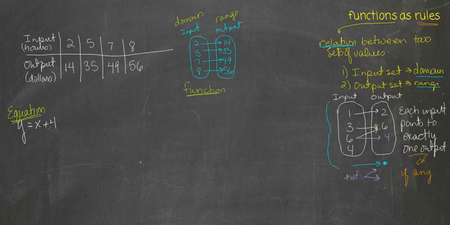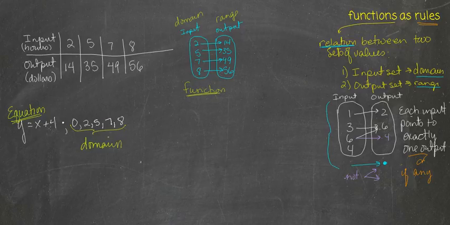Okay, let's determine if it is, and I'm going to tell you that the input set is 0, 2, 5, 7, and 8. This is the domain. Because that's the input set. This is another word we use for input set: the domain is the independent variable.